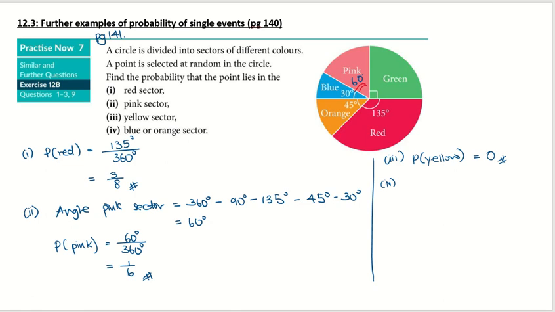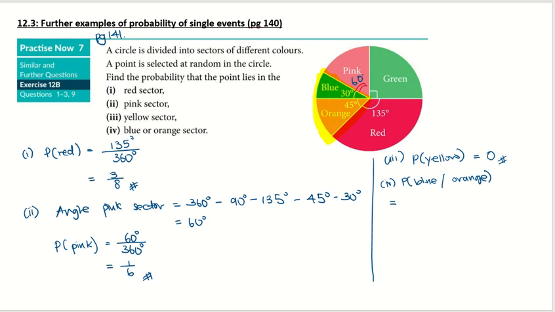Last but not least, probability of landing in the blue or the orange sector. Blue or orange means I am okay with landing at either blue or orange, right? Which means this entire area that I'm shading in yellow is the favorable event that you want.